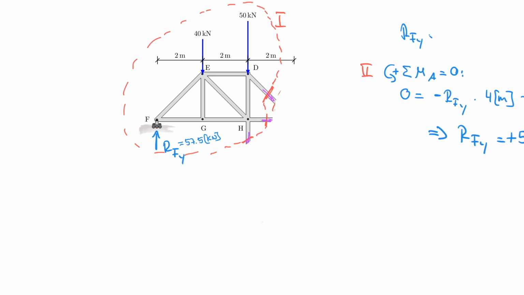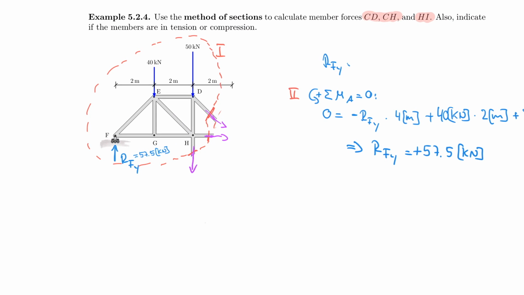So to do that, let me bring down that force, and this force. And the easiest one to calculate is probably HI, right? So this here would be HI. This would be HC, and we have CD up there.